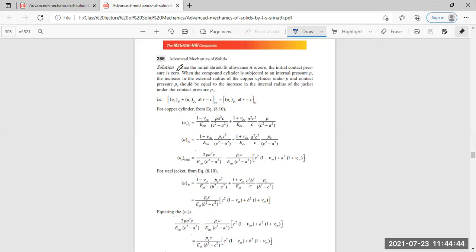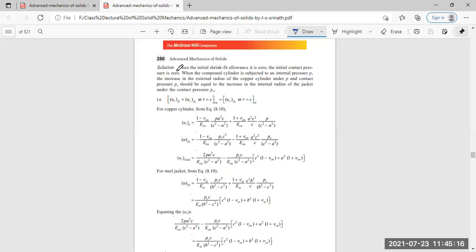The increase in the internal radius of the copper tube will be equal to the increase in the internal radius of the steel jacket under the contact pressure PC.